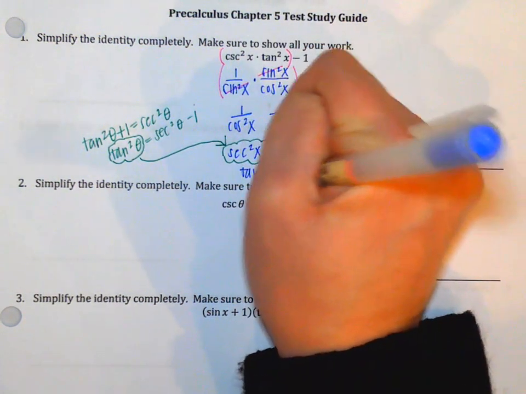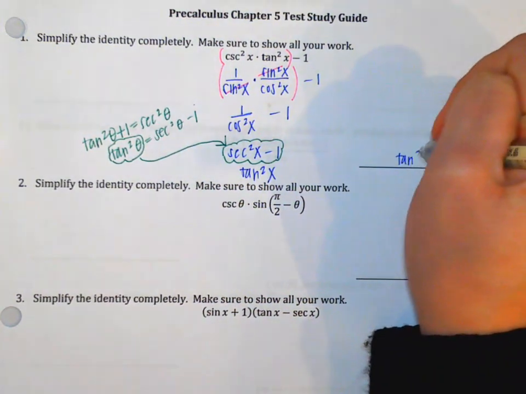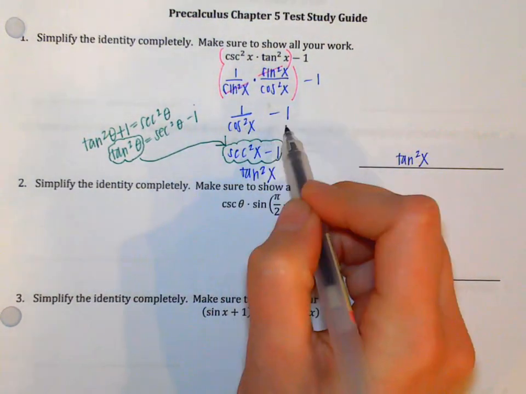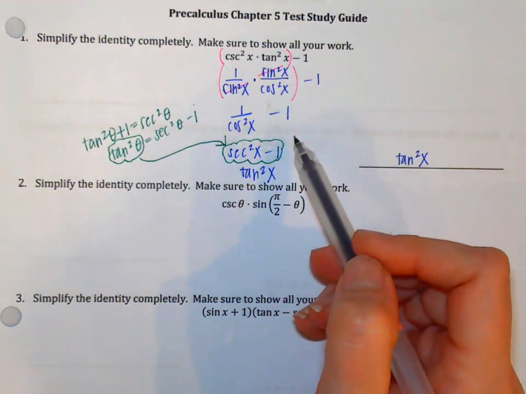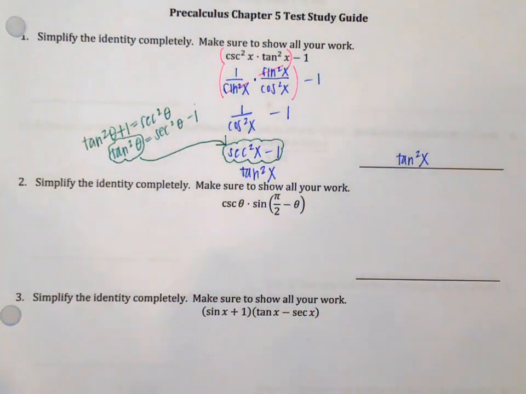If you wanted to get a common denominator instead, you can, and multiply by cosine over cosine, and you'd have sine squared over cosine squared, which eventually simplifies to tangent squared. So there's not one right way of doing this, but you've got to show your work and make sense.